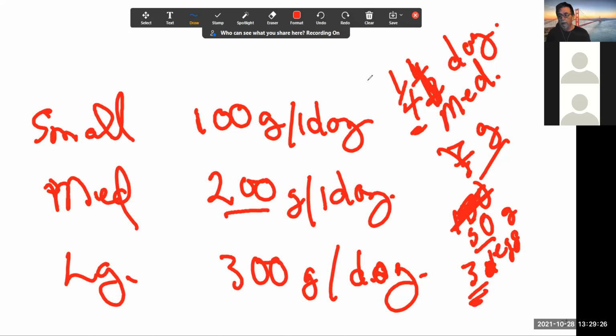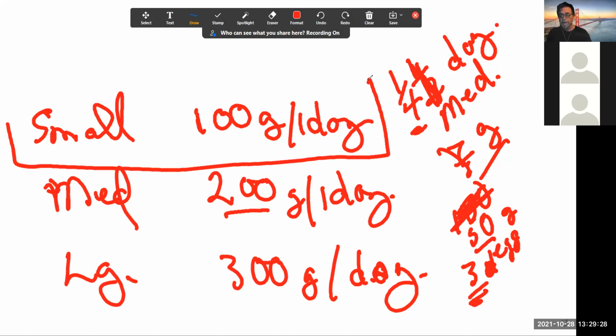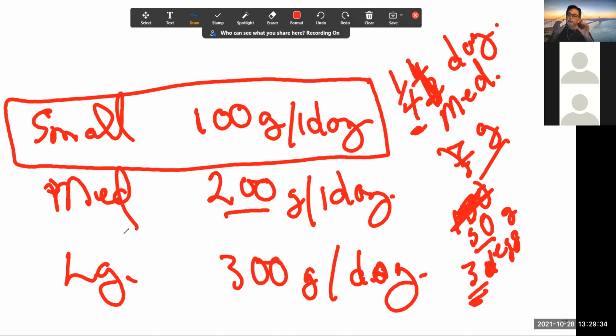Okay. So all of the small eggs weigh 100 grams. Okay. That's like the atomic weight on the periodic table. That is the weight for 1 mole of that particular element. So you don't have to calculate anything.